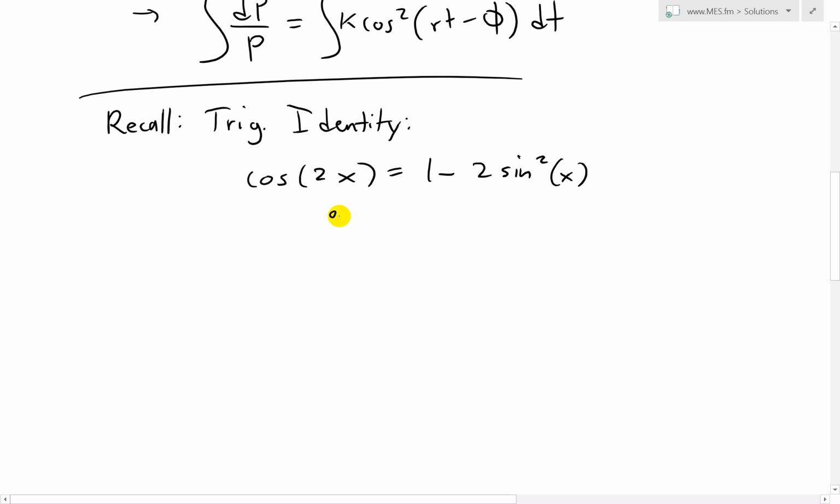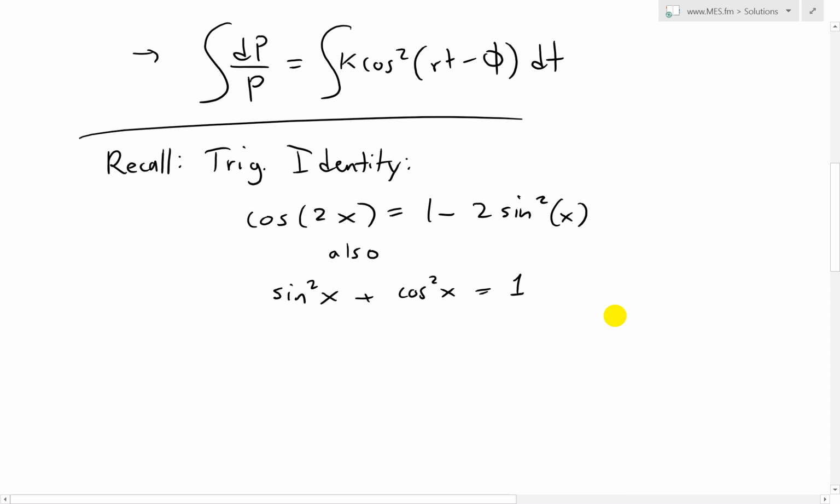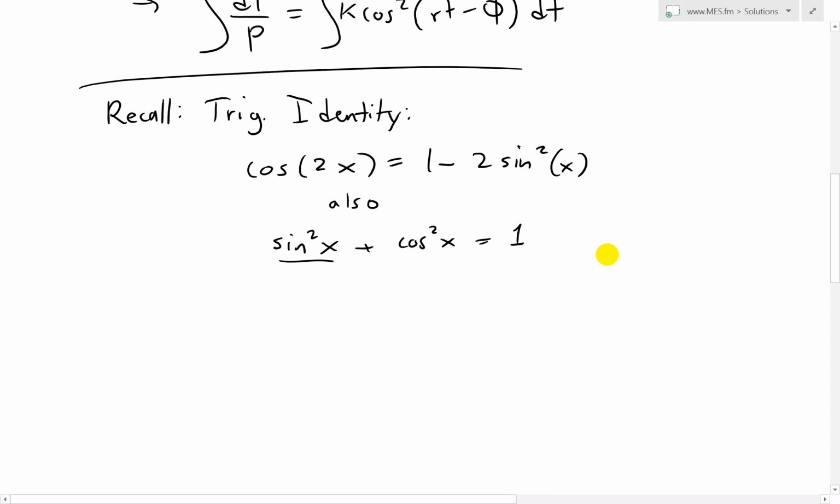And also recall the basic trigonometric identity, sine squared x plus cosine squared x equals 1. If we rearrange this for sine squared, we just move this to the right side, and we have sine squared x equals 1 minus cosine squared x.